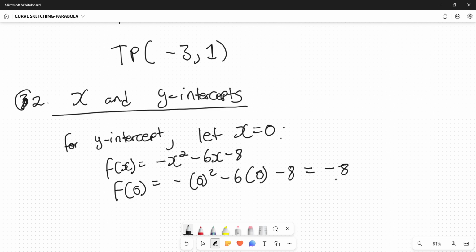So now this is the y coordinate of our y-intercept. So it's obvious the x coordinate will be equals to 0. So the y-intercept in coordinate form is 0 and -8.